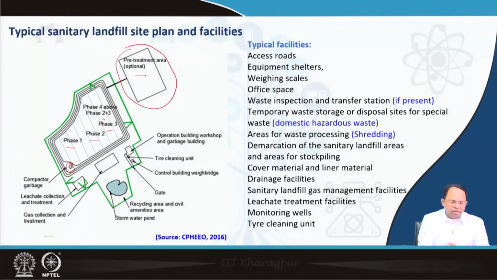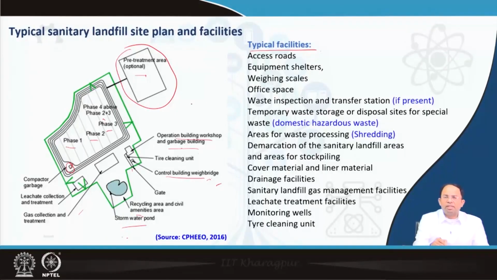Then we have a leachate collection and treatment system, a gas collection and treatment system, and a stormwater pond, which is required for surface water management. And we have a control building, weighbridges for weighing the vehicles, and an entry gate. There is an operational building, a workshop where repairs could be done, a garbage building where some other processing could be done, and so on. So these are typical facilities within a landfill site.